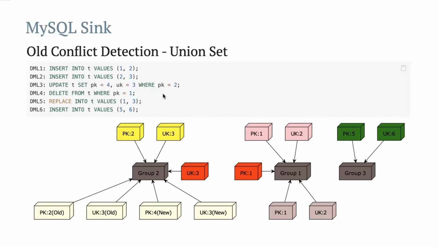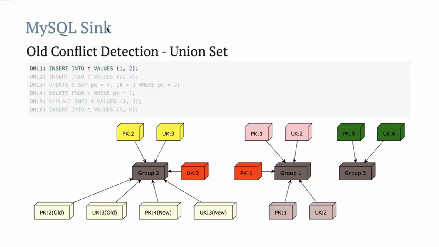So how do we detect the conflicts? In the older approach, we use a union set to store the events, identifying them by the primary key and the unique key. If two events modify the same key, we put them together as a group.